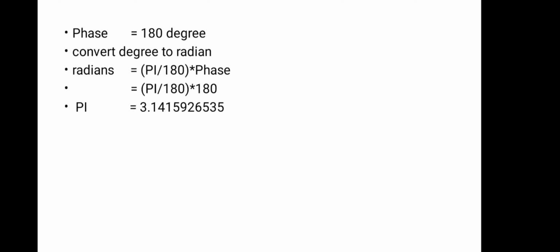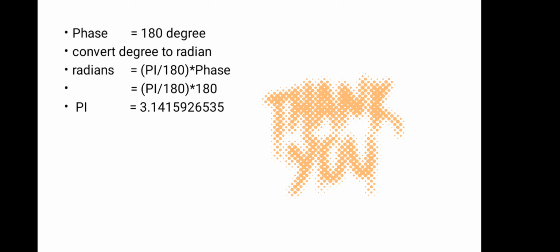Radians is equal to pi by 180 times whatever the phase is, 180 or 90 degrees. So we multiply with that. Suppose pi by 180 into 180, the 180s cancel, and what remains is pi, which is 3.141592635 radians.